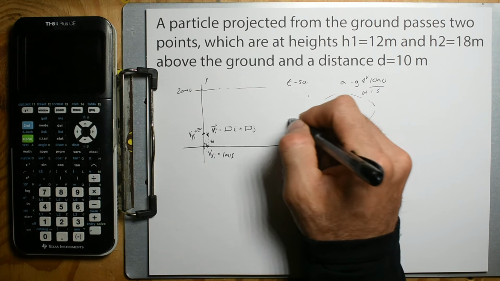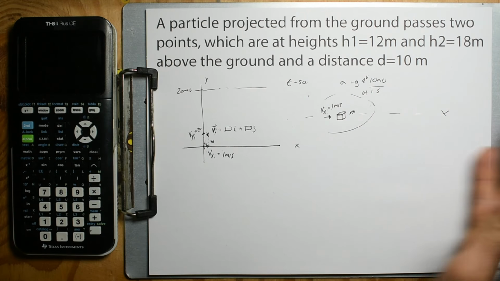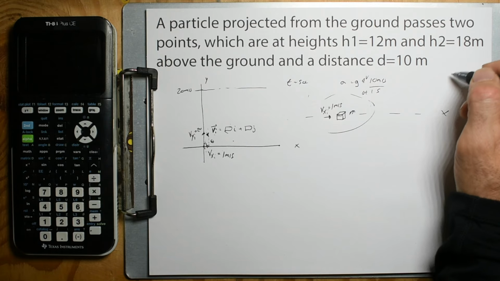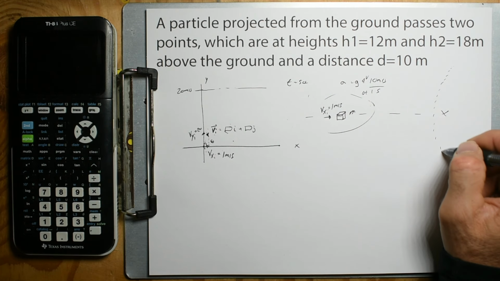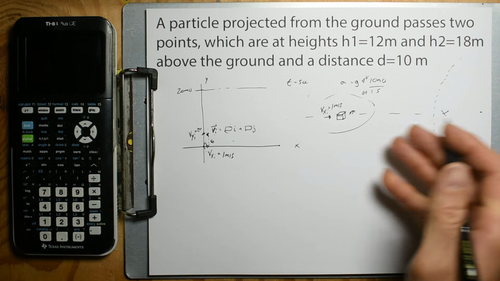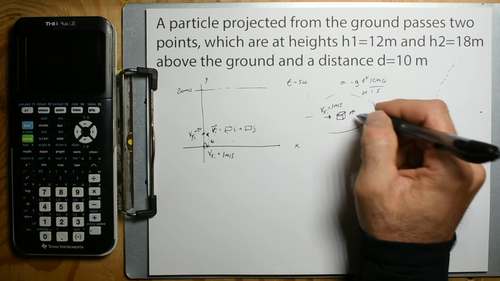Well, in this x direction, there are no forces. We're neglecting air resistance, and, hey, there is no Earth over here. You don't have a huge chunk of mass over here that's pulling it that way.